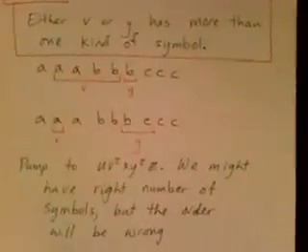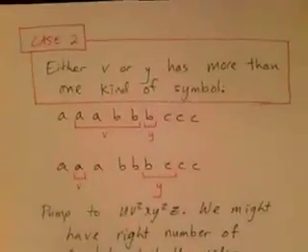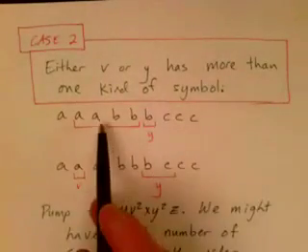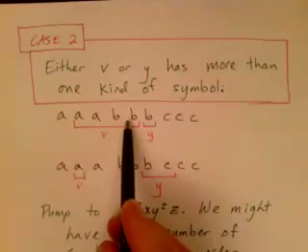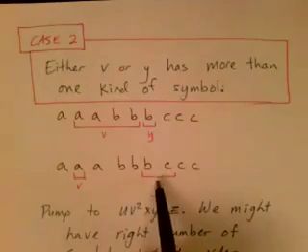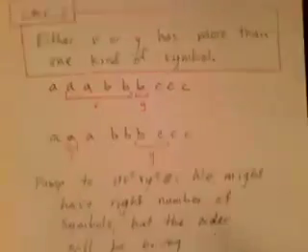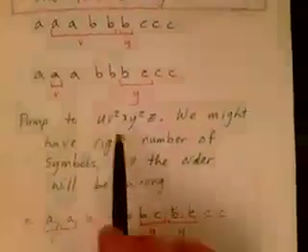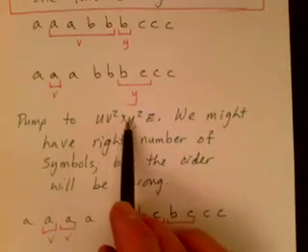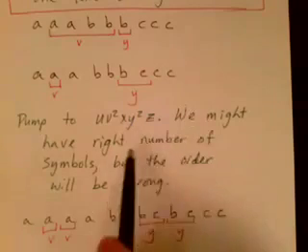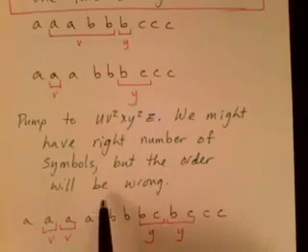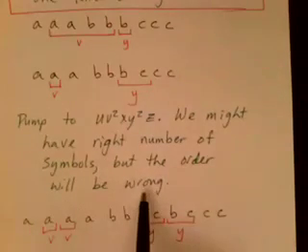Now in case 2, we're saying that either V or Y has more than one kind of symbol. Here's an example where V has A's and B's. Here's another example where Y has a B and a C. So now when we try to pump this string to, for example, u v squared x y squared z, we might have the right number of symbols, but the order is not going to be correct.